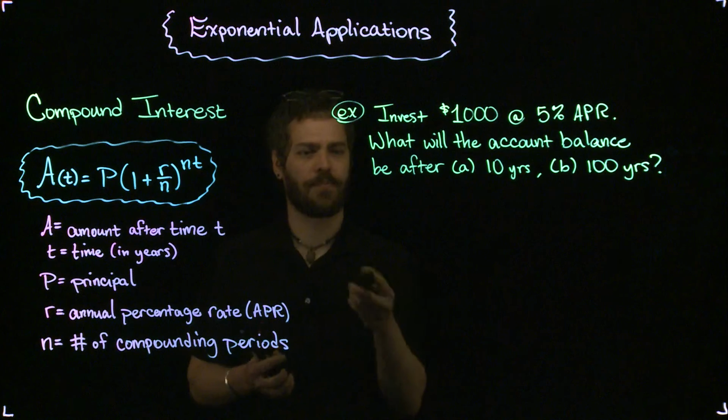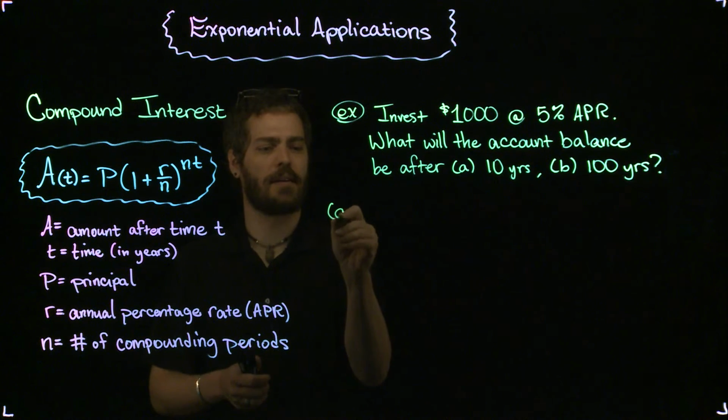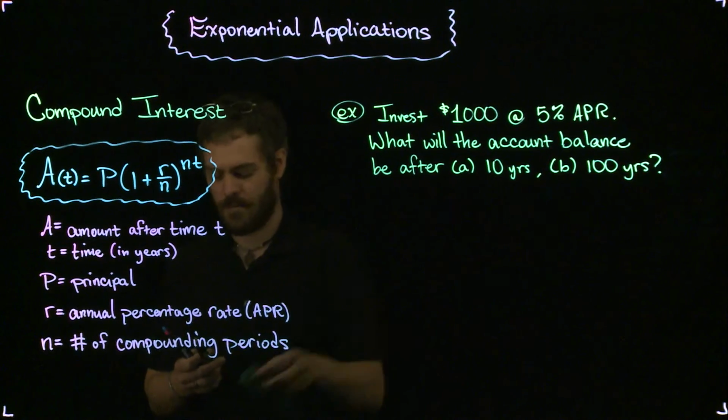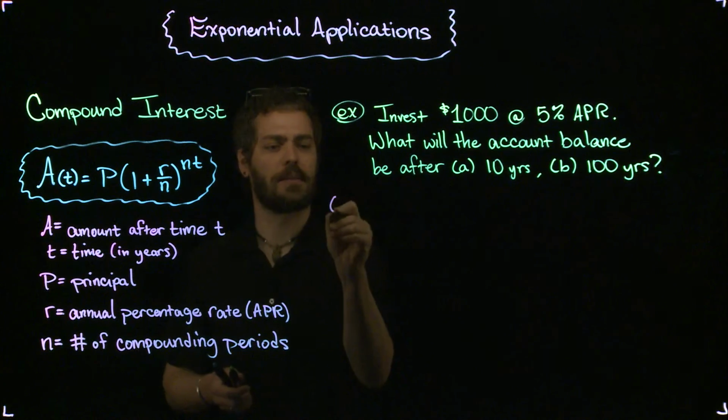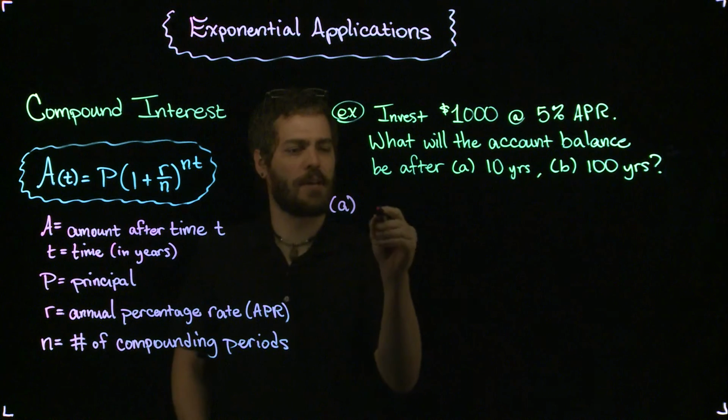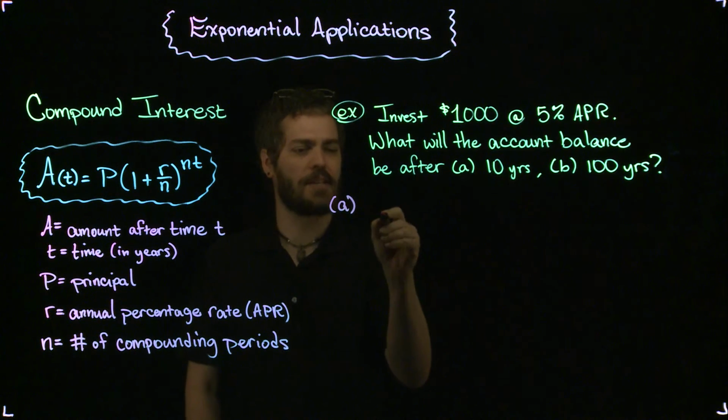So let's just start with A. Here, I want to use a different color. How about we'll go with pink on this one. So I don't know the amount. That's what we're trying to find out after 10 years.